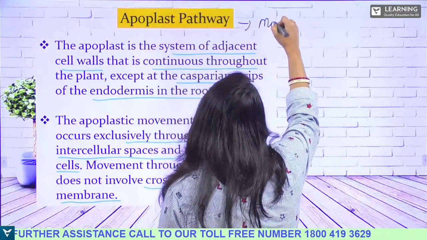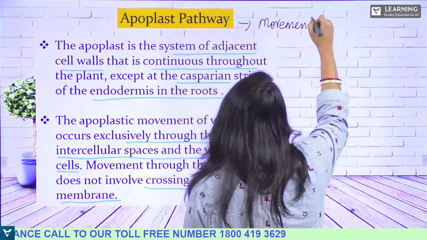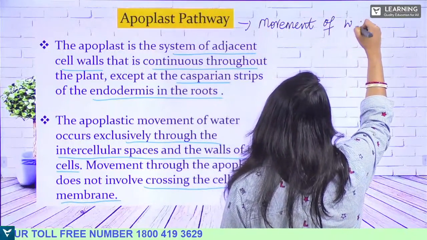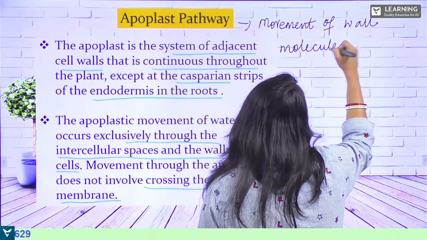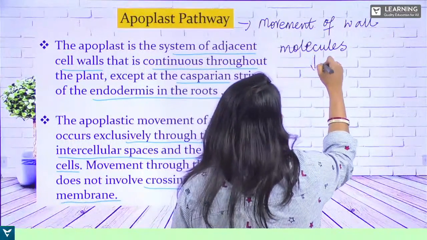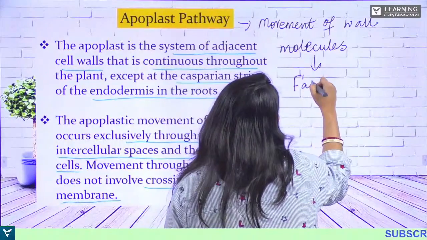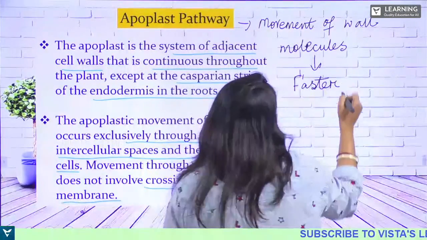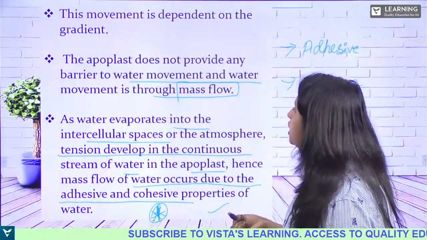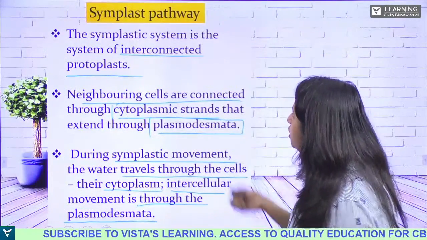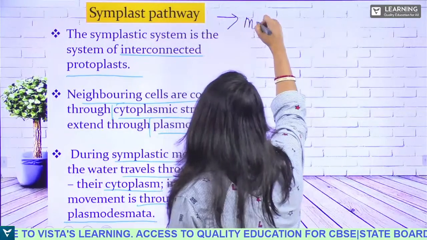In the Apoplast pathway, the movement of water molecules is faster. But in the case of the Symplast pathway, the movement of water molecules is slower.